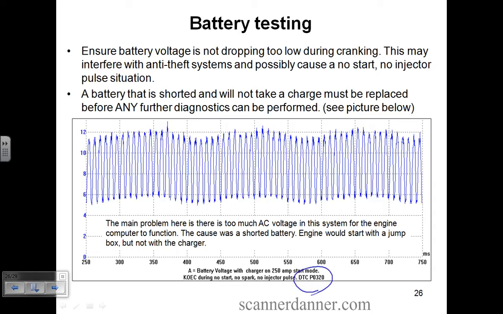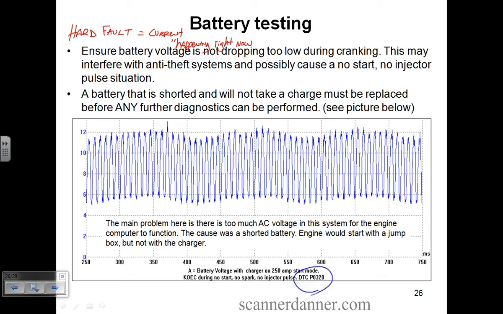There's a term you guys need to learn. Let's write this down. A hard fault, because I use this a lot. A hard fault or a hard code equals a current code. It means it is happening right now.